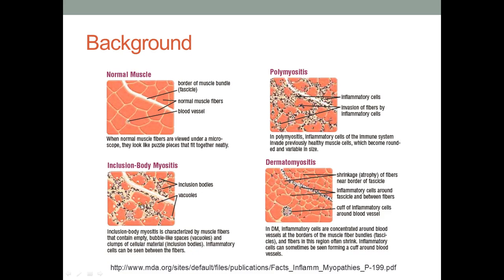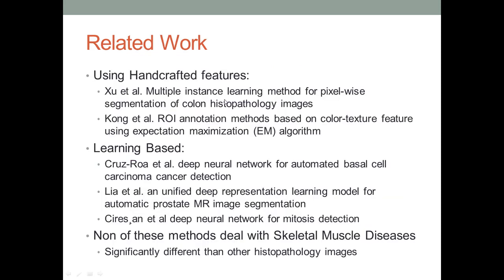And also you can see different vacuoles that are invading the muscle cells. So our goal in this particular project is just to identify these perimysium regions so that we can do further analysis on these digitized skeletal muscle images.